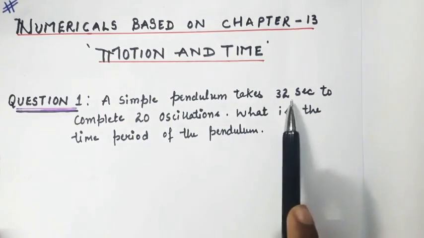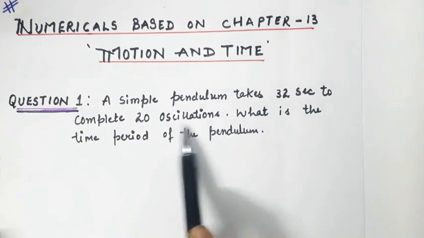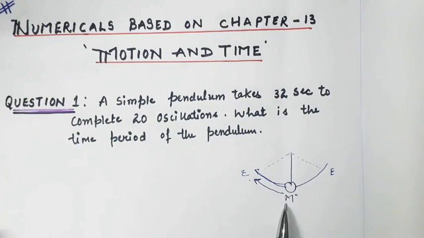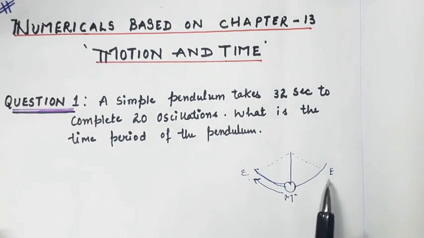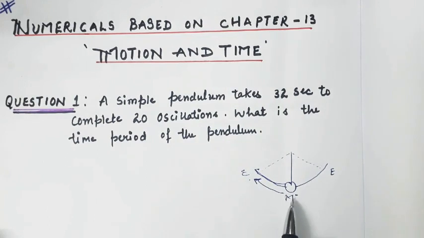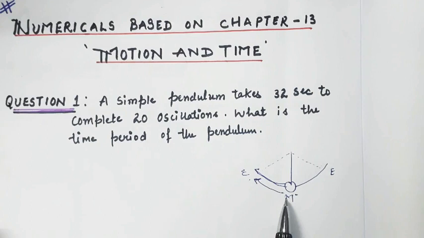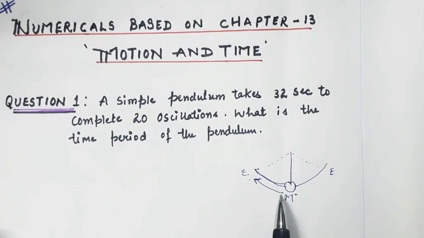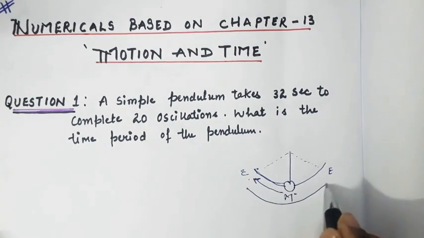It takes 32 seconds to complete 20 oscillations. Here the oscillation means, if it is a pendulum, it has its mean position and its extreme position, and another extreme position. If it goes from mean to extreme, comes back from extreme to mean, crosses mean to go to the other extreme and again comes to mean, it is one full oscillation.